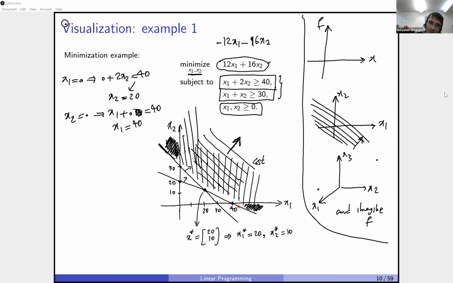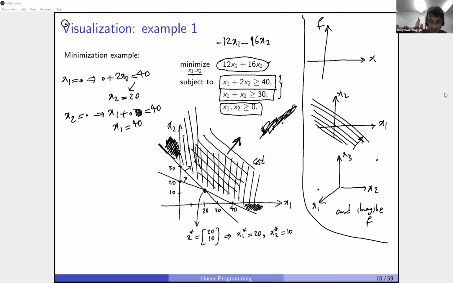Therefore, here we only have one corner and we are minimizing it. The solution is here. If we were maximizing this problem, then its solution would be x1 and x2 equals infinity, and the cost will be infinity because there is no upper bound on this. We can put them at infinity because it's going up. But as you are minimizing it, it's here, this extreme point.